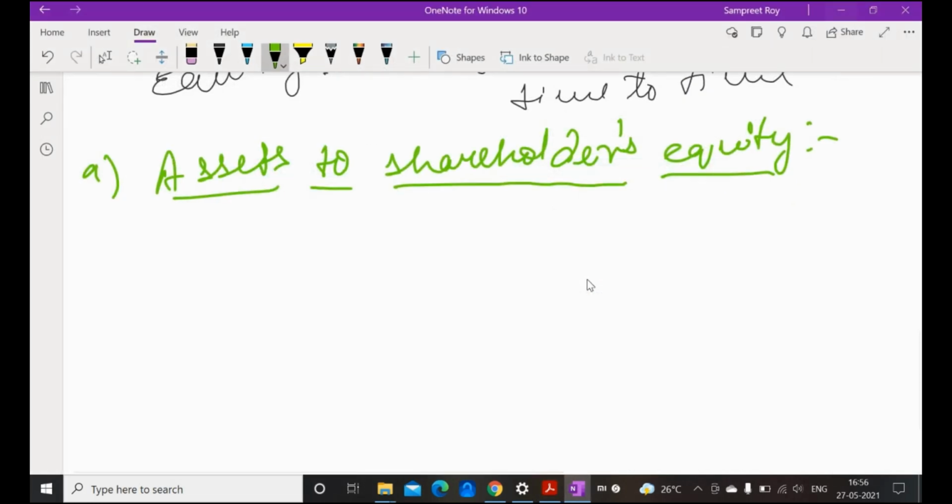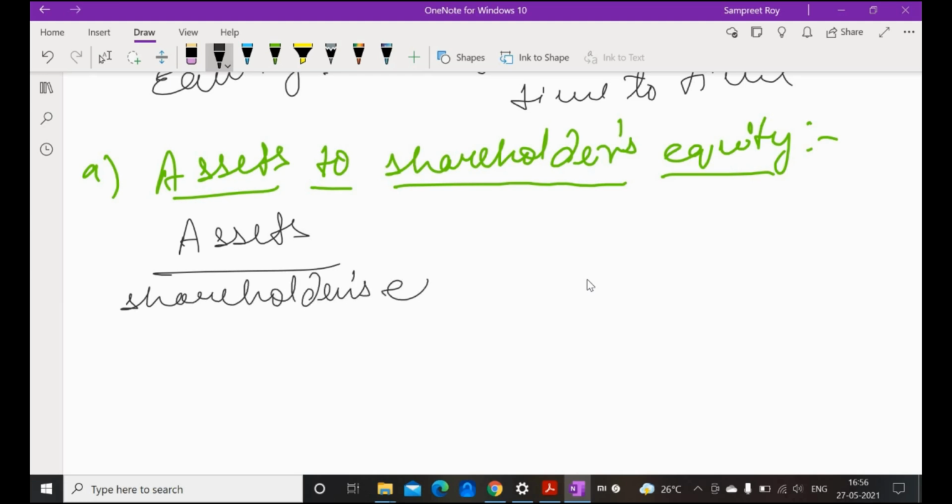It is given by assets by shareholders equity.